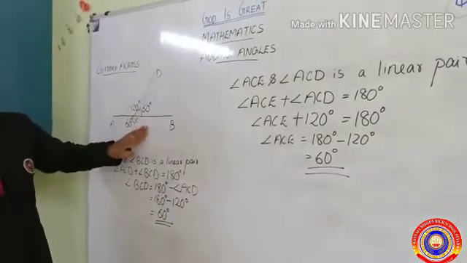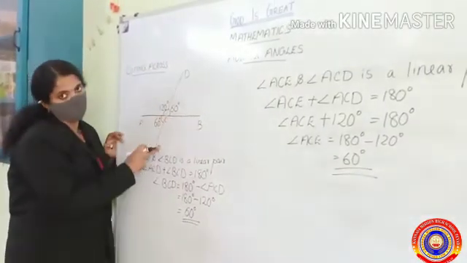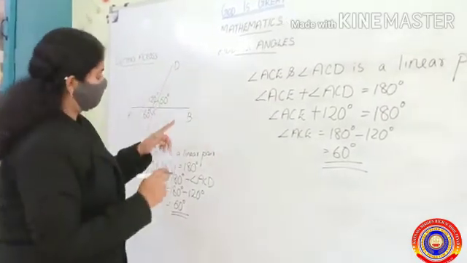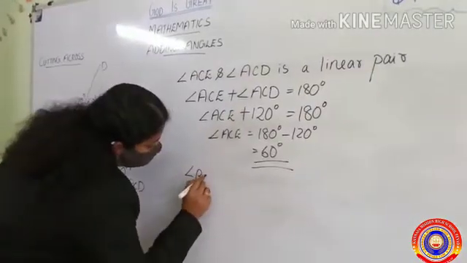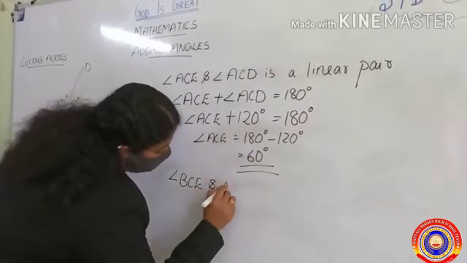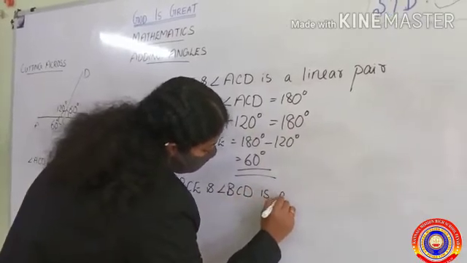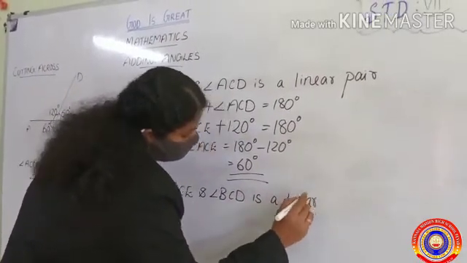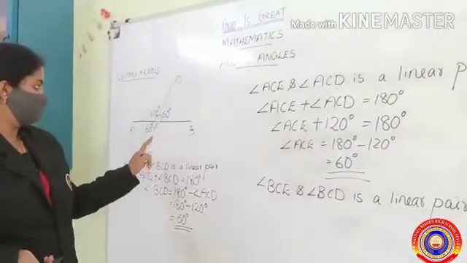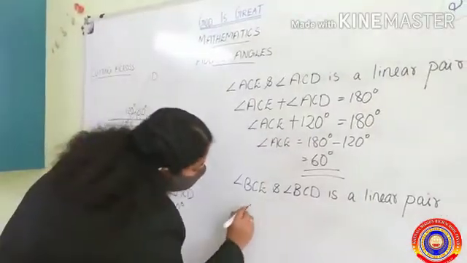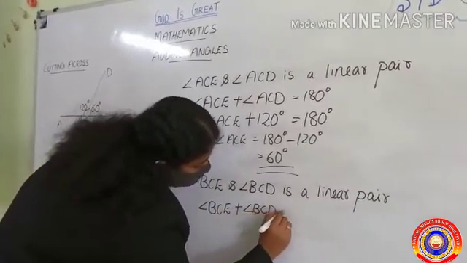Next we want to find the other angle, that is angle BCE. We know that angle BCE and angle BCD is a linear pair. Therefore, angle BCE plus angle BCD is equal to 180 degree.